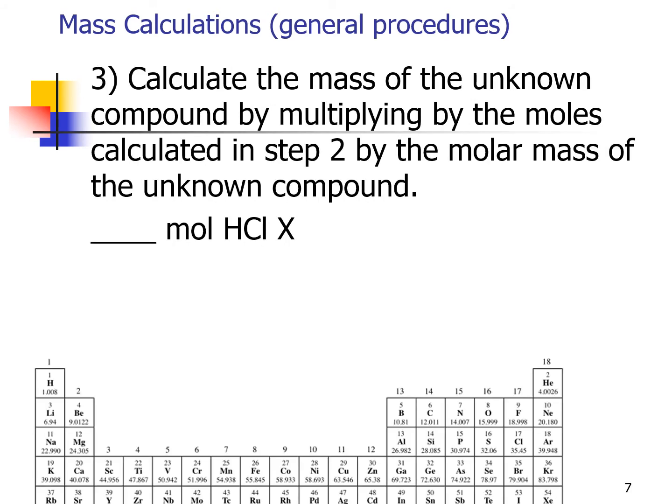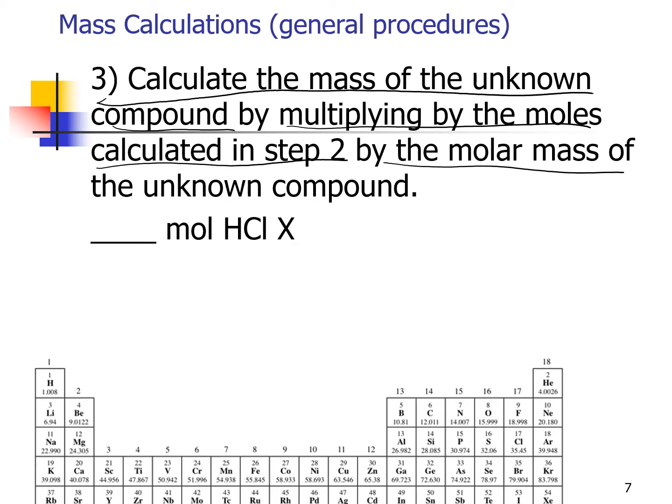Step 3 is to calculate the mass of the unknown compound by multiplying the moles calculated in step 2 by the molar mass of the unknown compound. The moles calculated in step 2 was 6.3888 moles of HCl. So we need to get the molar mass of HCl. We use our periodic table to determine that.